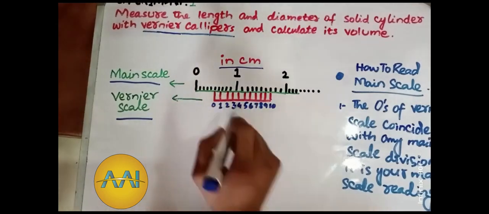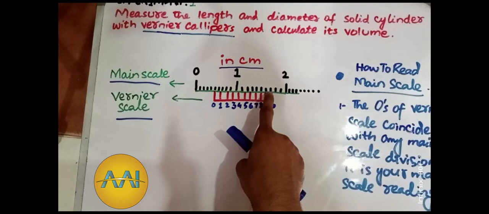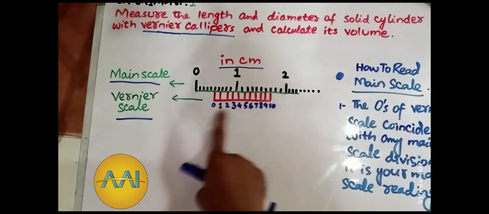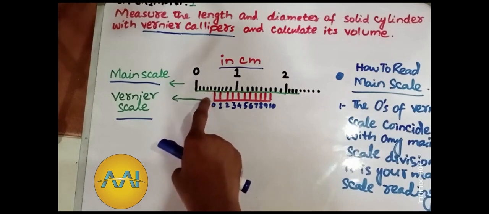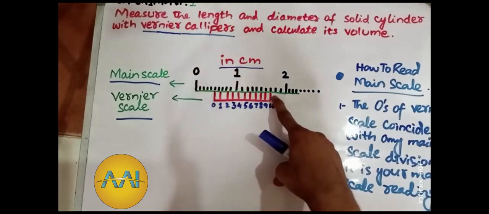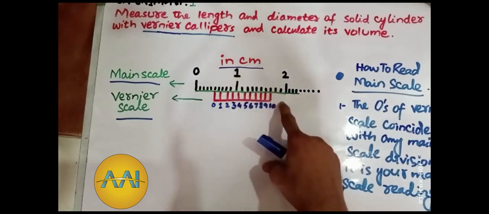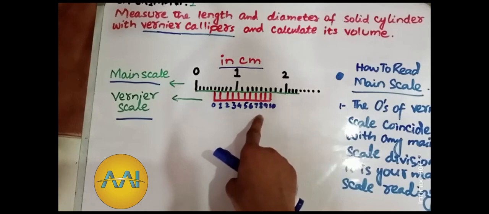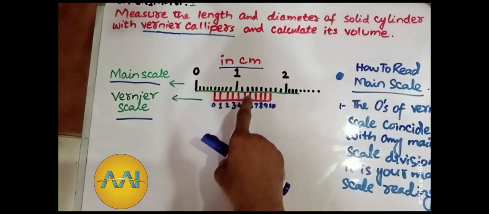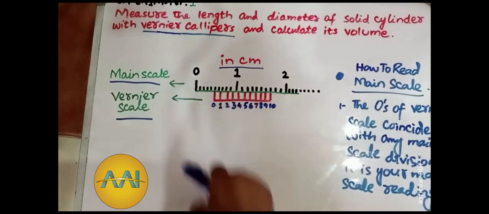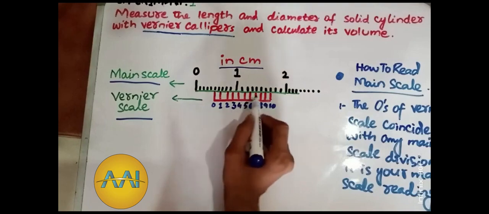So here we are going to look at which one is coinciding, except 0 and 10 on the Vernier scale.